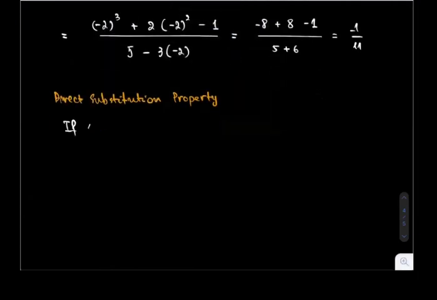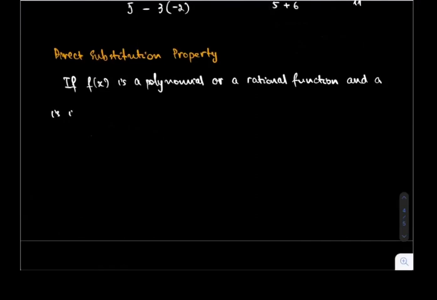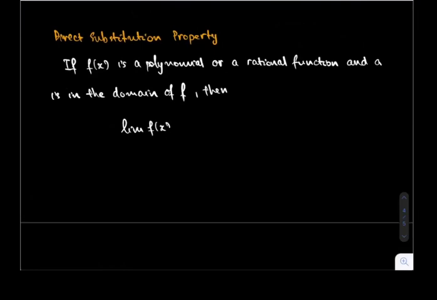If f of x is a polynomial or rational function, and A is in the domain of f, so that means the function is defined at that point A, then the limit of the function as x approaches A is equal to f of A.